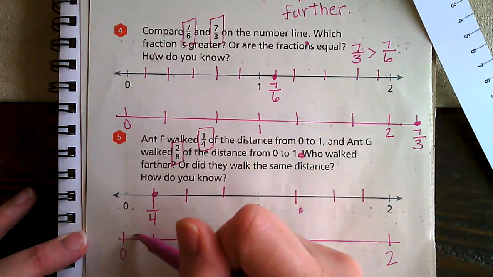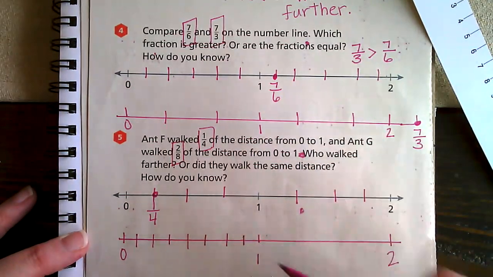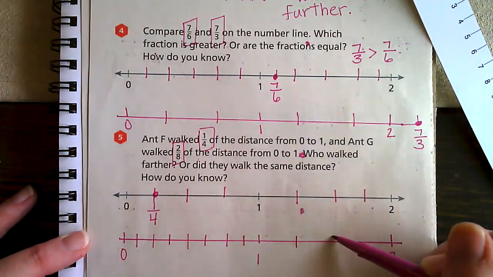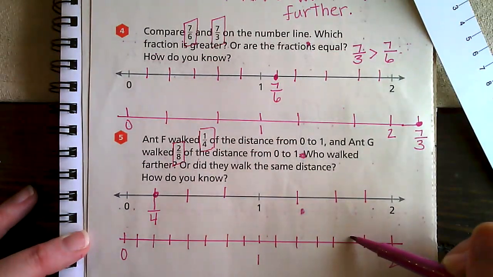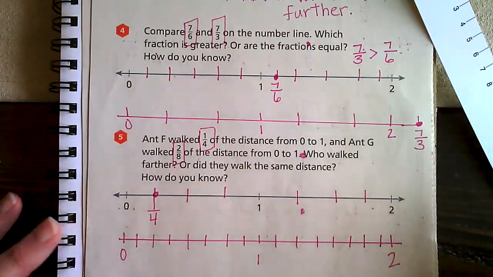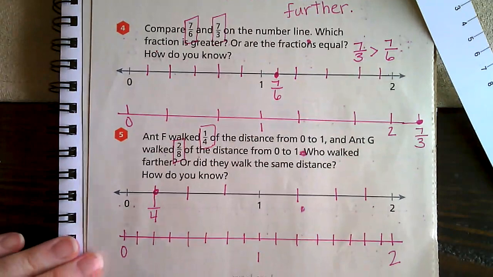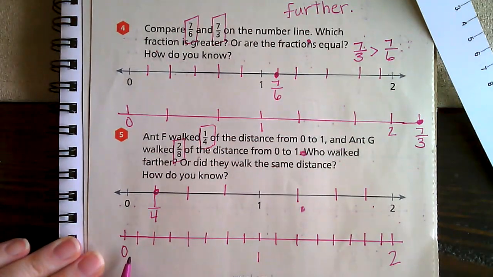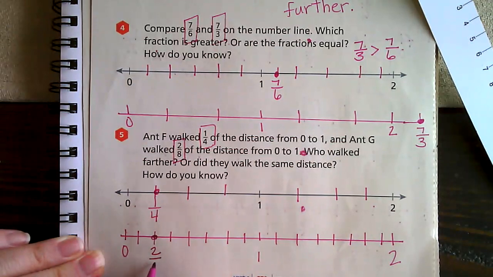And then we'll split the 4ths in half for our 8ths. And now let's find where 2/8 would be. 0/8, 1/8, 2/8.